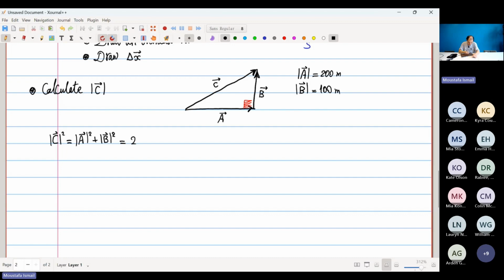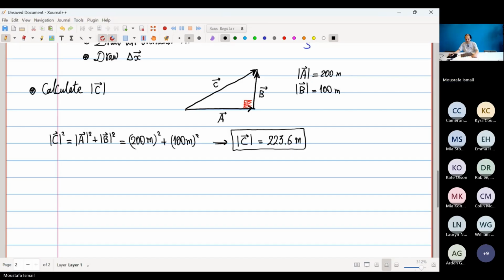So 200 meters squared plus 100 meters squared, and then you take the square root of that, so gives you that C is equal to, when you calculate that, you get 223.6 meters.